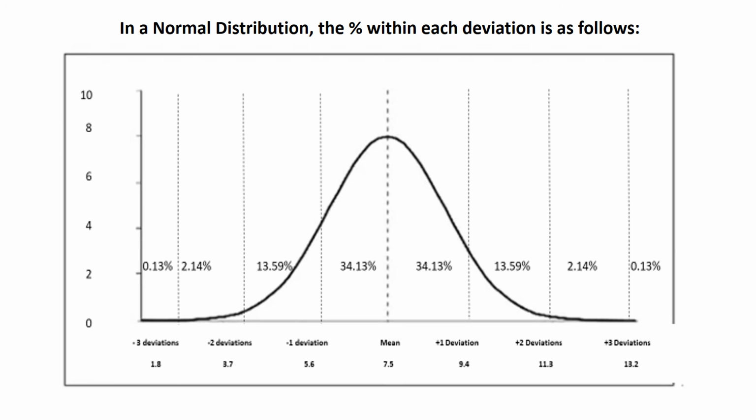And then if I add that to 2.14 from -2 to -3 deviations, and 2.14 from +2 to +3 deviations, 99.7% of all the concussions, or 997 of 1,000, would fall between -3 deviations and +3 deviations, or from 1.8 days to 13.2 days for recovery.